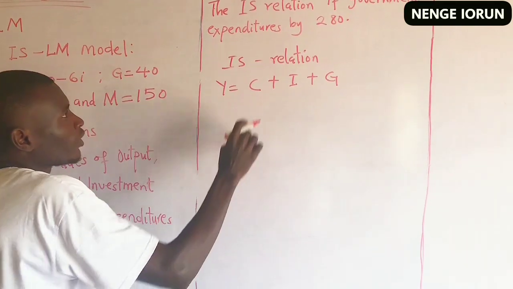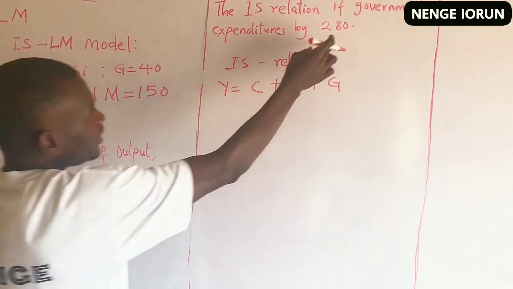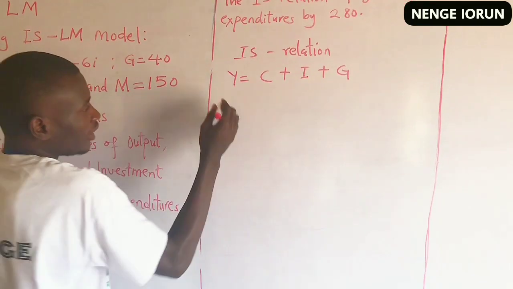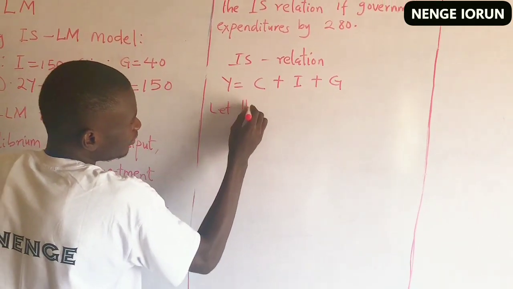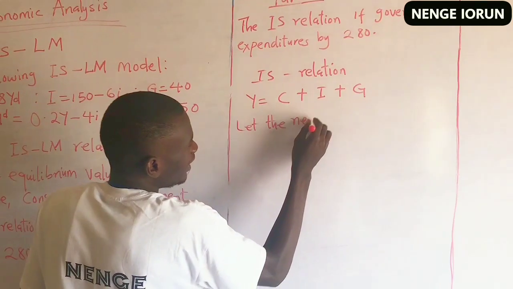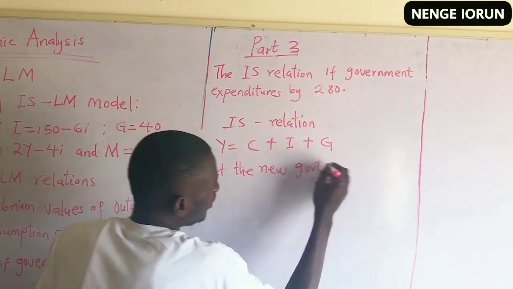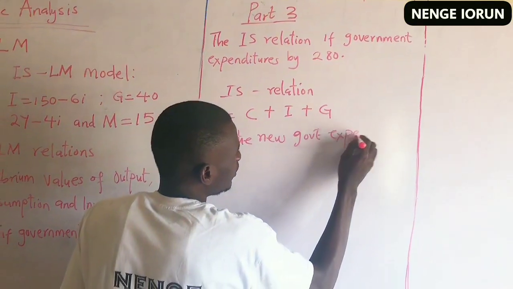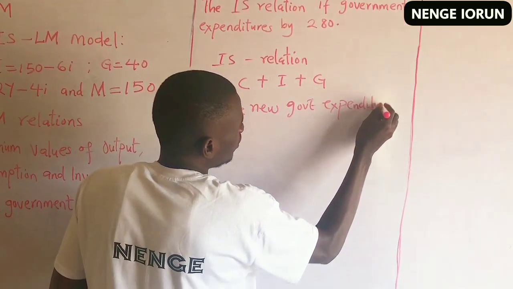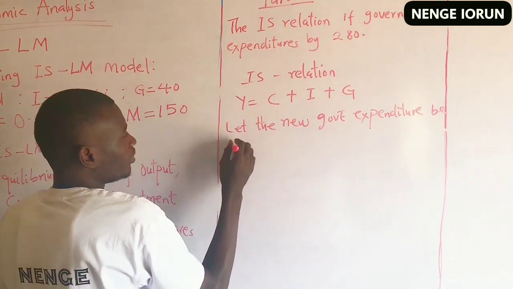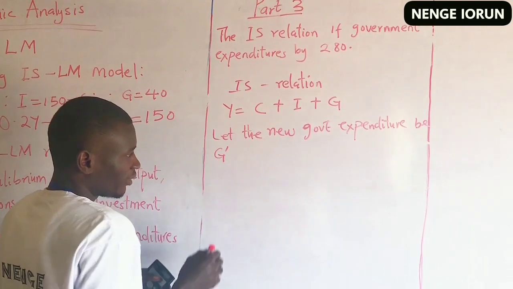Now, if the government expenditure is increased by 280, what was the former one? Let the new government expenditure be G prime.